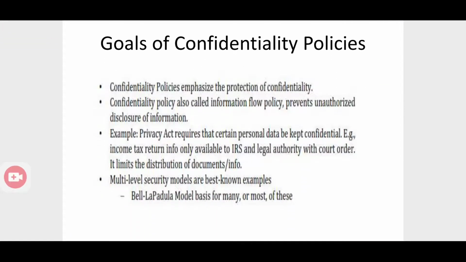What do you mean by a confidentiality policy, and what are the goals of a confidentiality policy? Confidentiality is one of the main system requirements. Confidentiality policies are the policies used for providing confidentiality, which emphasize the protection of confidentiality. It is also called an information flow policy, and it prevents unauthorized disclosure of information.